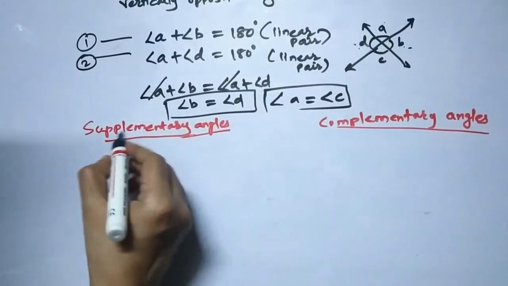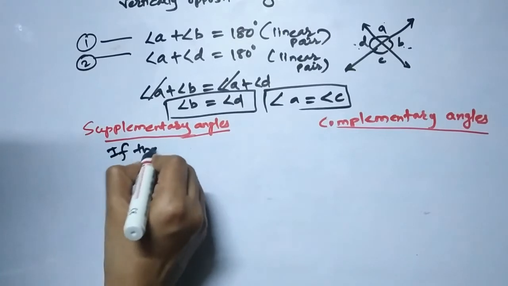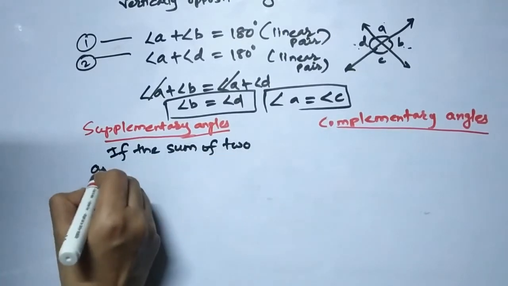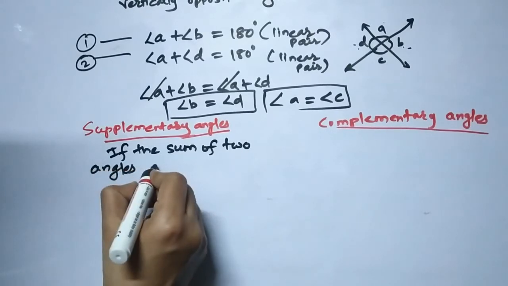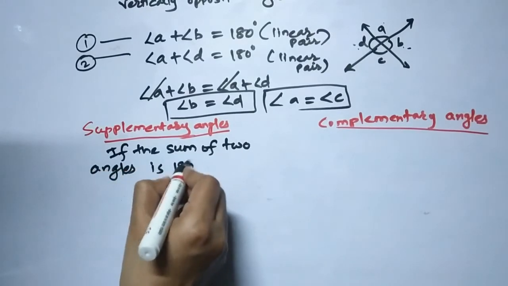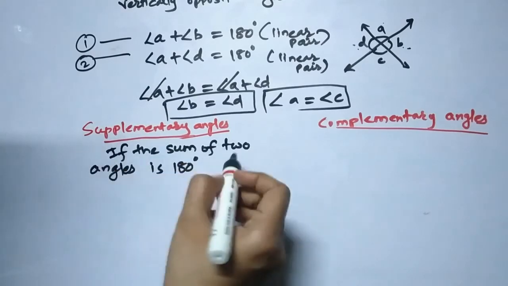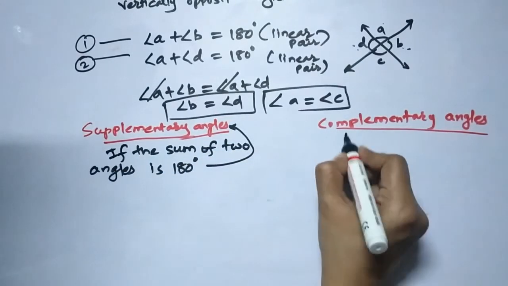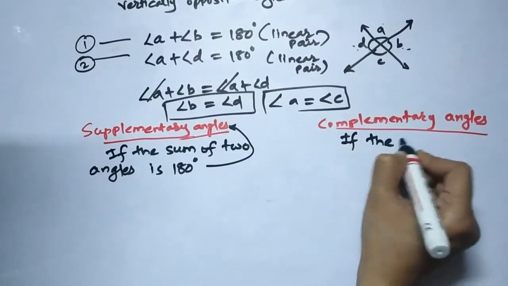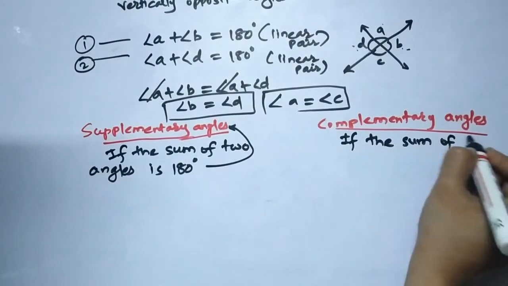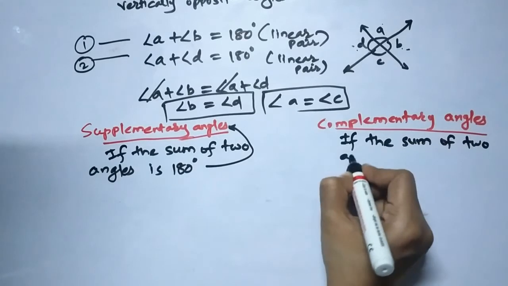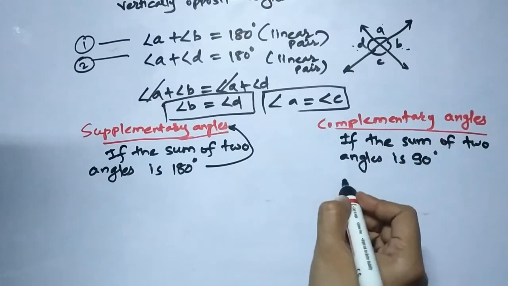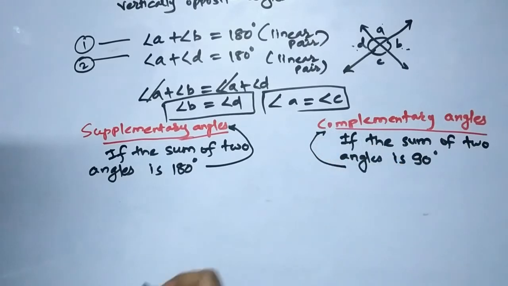If the sum of a pair of two angles is 180 degrees, then you call them supplementary angles. And if the sum of two angles is 90 degrees, then you call them complementary angles.